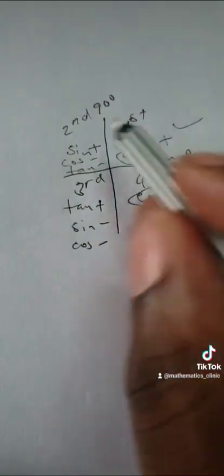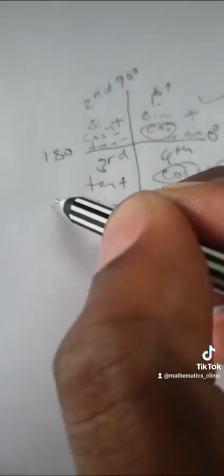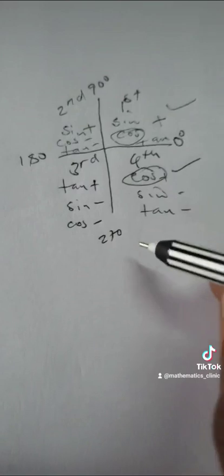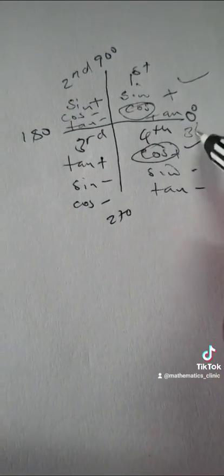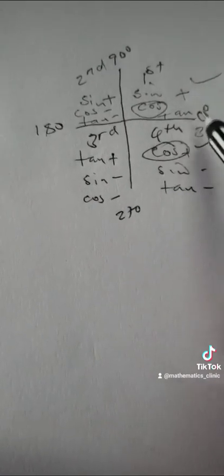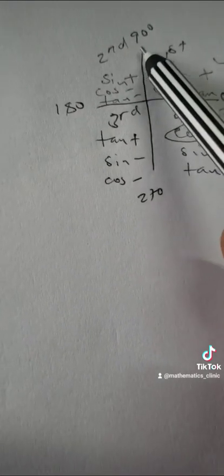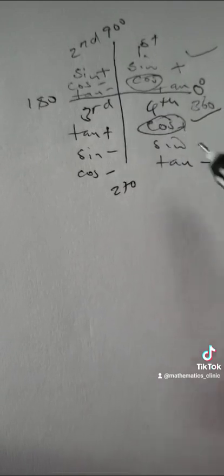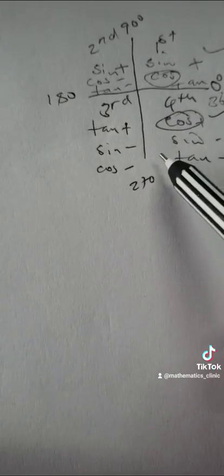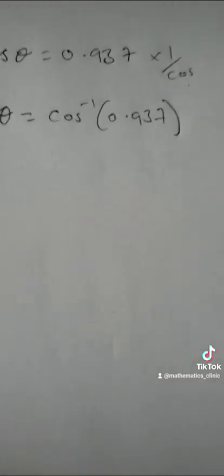Then we also look at 180, which is a straight line, then 270, and then 360 as a complete turn. So our answer should be greater than 0 but less than 90, or greater than 270 but less than 360. That's what I mean. So now how do we solve this?